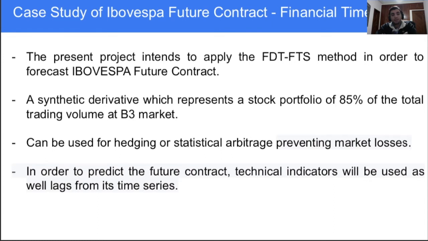It also can be used for hedging or statistical arbitrage in order to prevent market losses. And also, in order to predict the future contract time series, we're going to use technical indicators as well as lags from its time series.